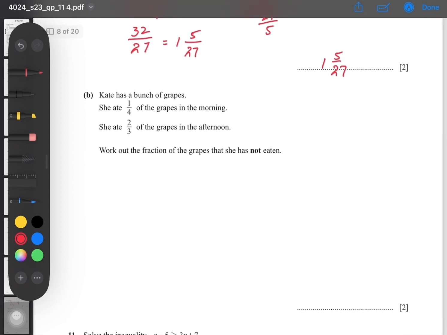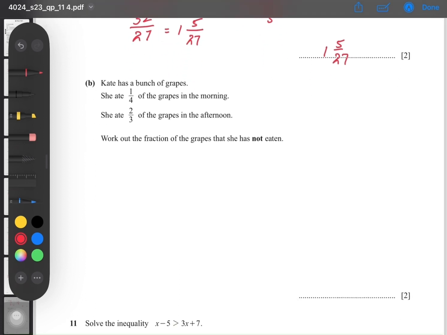B part. Kate has a bunch of grapes. She ate 1/4 of the grapes in the morning. She ate 2/3 of the grapes in the afternoon. Work out the fraction of the grapes that she has not eaten. It means you have to calculate the fraction of grapes that is remaining.